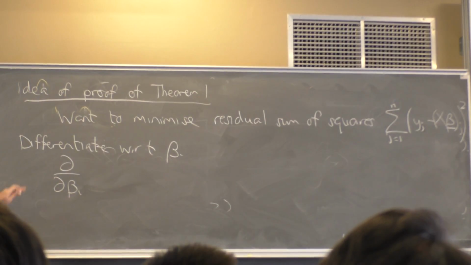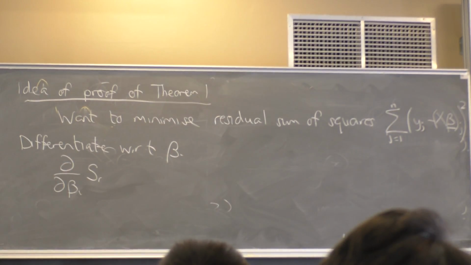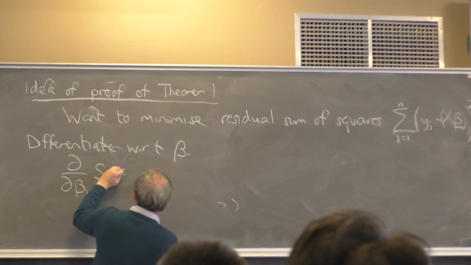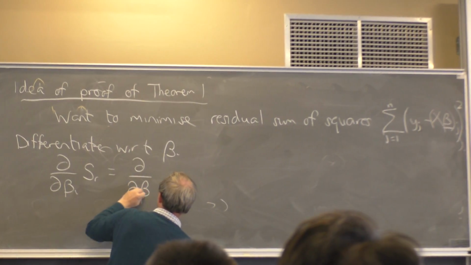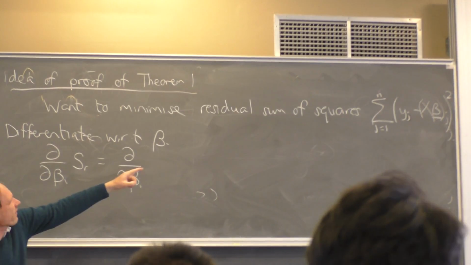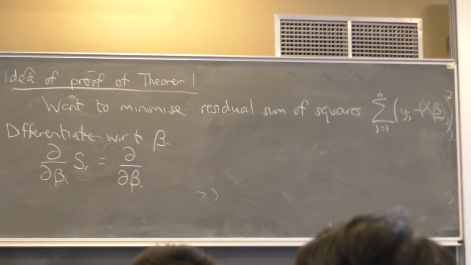Okay, so if we differentiate the residual sum of squares with respect to beta i, that's just going to be the derivative with respect to beta i of that sum. Now, before I actually do the differentiation, X beta there is a matrix product.